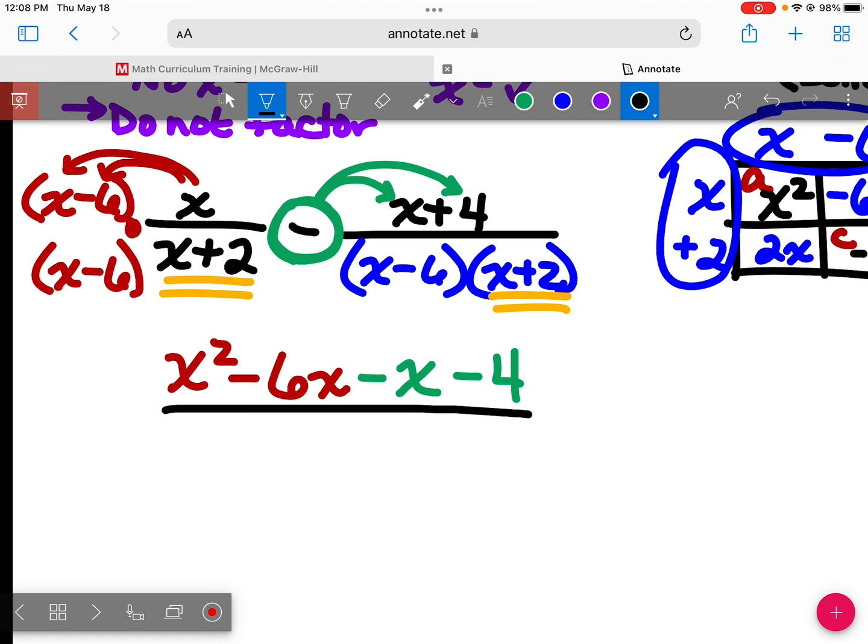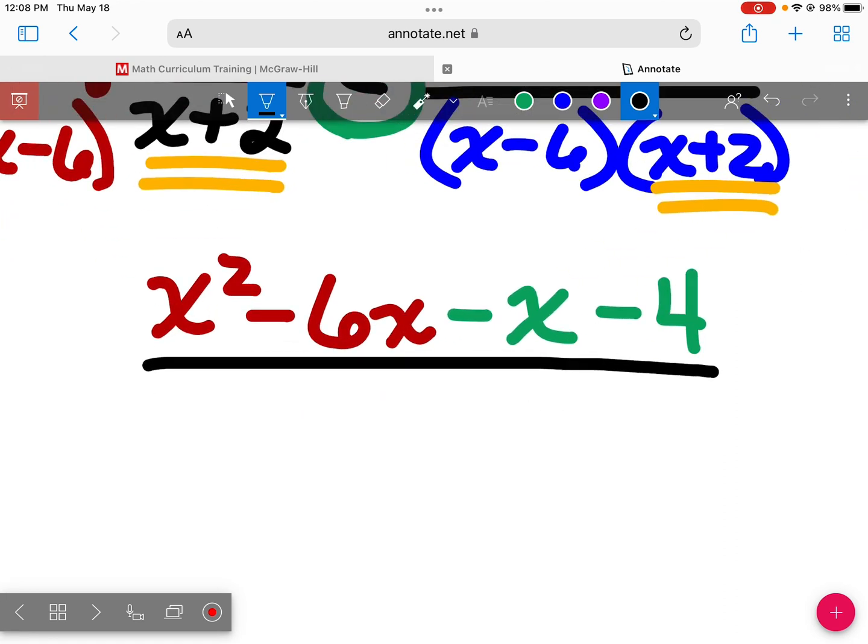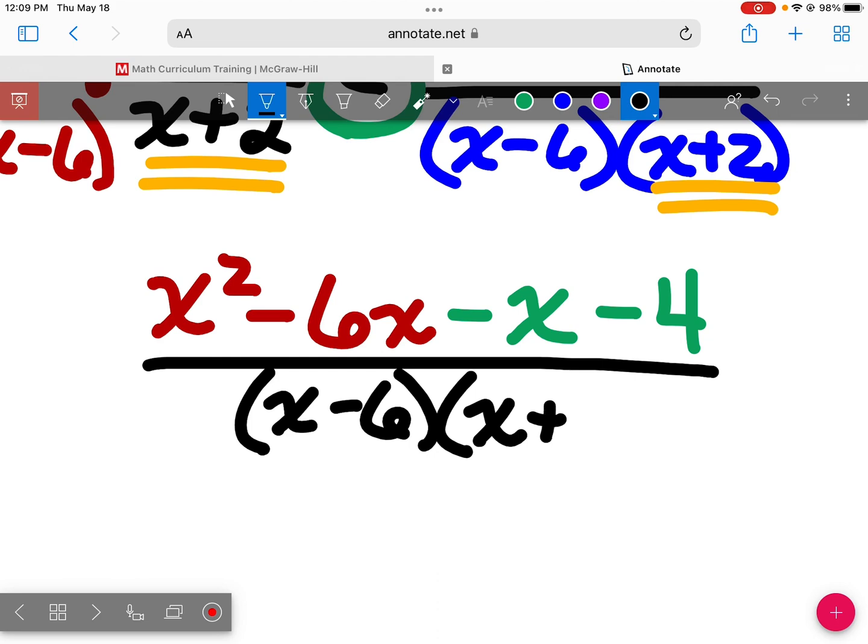We only distribute to the numerator. This x distributes here. The minus sign only distributes behind it. Over my common denominator of x minus 6 and x plus 2.